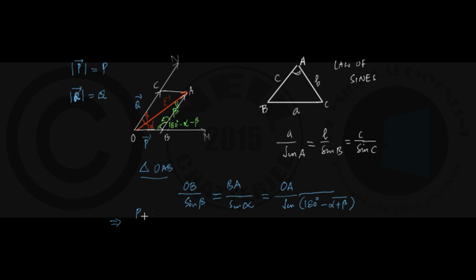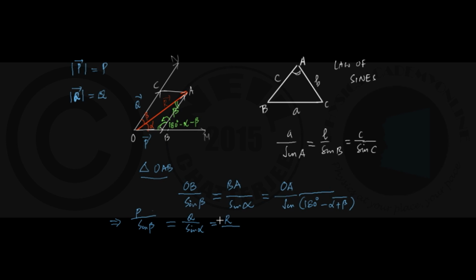So we are getting P divided by sine beta is equal to, once again, BA. BA is the same as OC, and the length of OC is nothing but the magnitude of the Q vector, divided by sine alpha, is equal to OA, that is the length of the R vector, so the magnitude is R, divided by sine of 180 minus theta, which is sine theta.